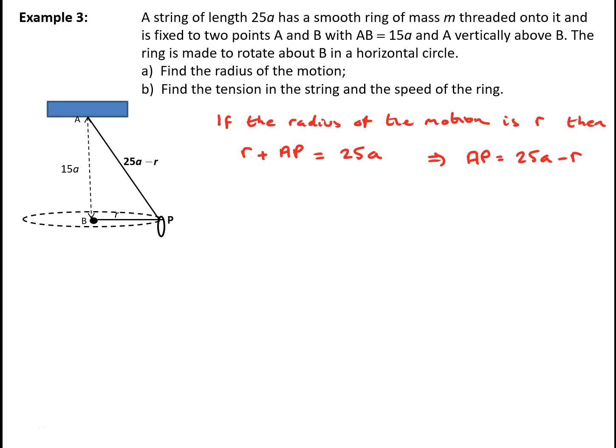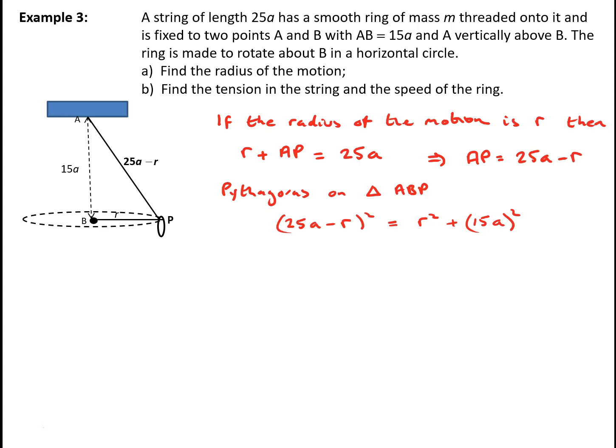Now we've got a right-angled triangle whose longest side is 25a minus r and whose two shorter sides are 15a and r. So, using Pythagoras' theorem on the triangle ABP, we can say that (25a minus r) all squared is equal to (15a) squared plus r squared.